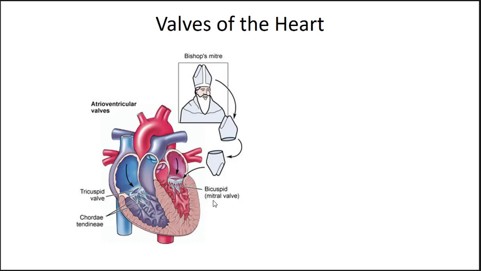It gets its name mitral because it resembles a bishop's hat. So bi for bishop, mitre for mitral. In addition, tri means 3, bi means 2. So you can see that with the tricuspid valve, we have 3 connections here. And with the bicuspid valve, bi meaning 2, we have 2 connections here.